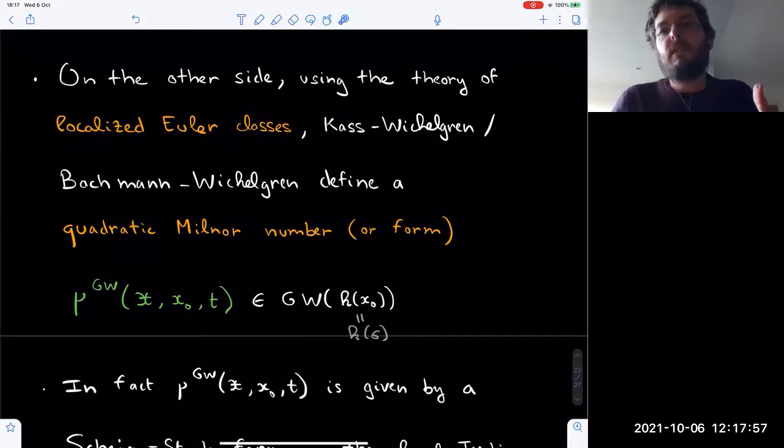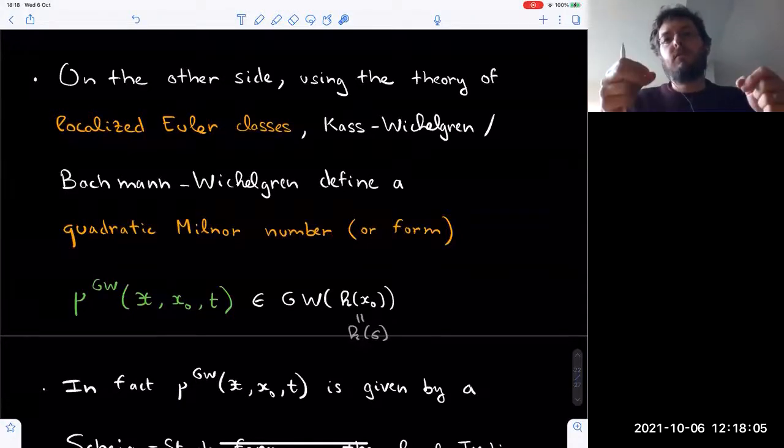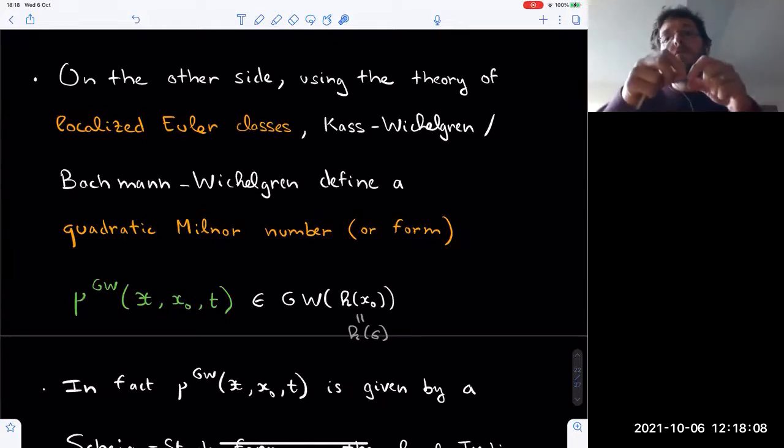In the Hermitian case, in the same way that there is a theory of localization of Chern classes, if you have a section of a bundle, then you can localize, for instance, the top Chern class to the zero locus, or the vanishing locus, of this section.